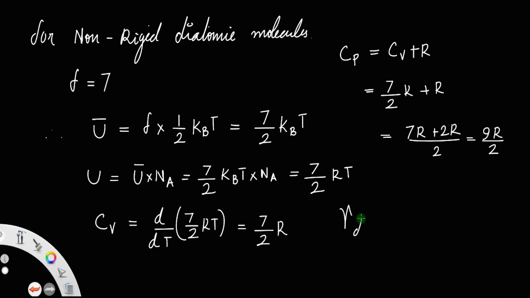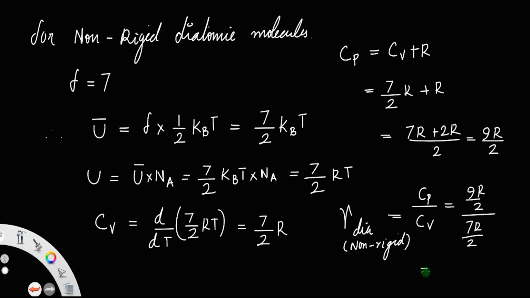So gamma diatomic for non-rigid, okay, previous case is for rigid, equal to Cp by Cv, which is equal to 9R by 2 by 7R by 2 equal to 9 by 7. Its approximate value will be 1.28. Clear? So that's the specific heat ratio for diatomic molecules of non-rigid type. So these are just the application of law of equipartition of energy. We can find the specific heat ratio of different gases.